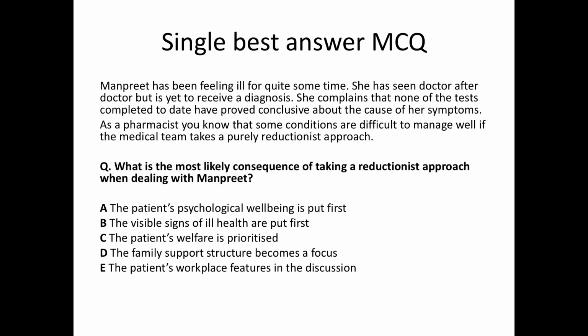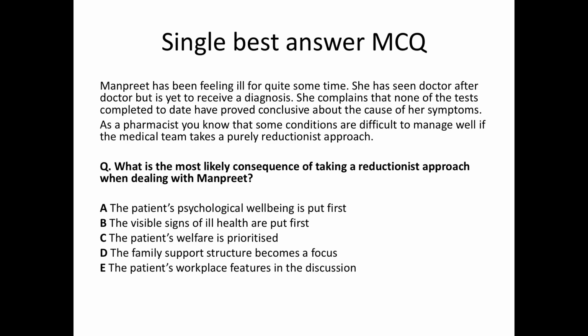So one person said A, some people are saying B. Does anybody want to offer an explanation as to why B would be the right answer? You have to diagnose the person first, and then help the person, and maybe tell them where to go, or try to solve that problem, or support and help.